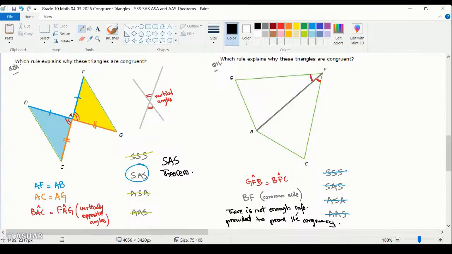So we cannot tell whether these two triangles are congruent or not, unless they had said that these two angles are the same, then it would be congruent. Otherwise, we cannot say, because we don't know if angle G and angle C are equal or not. If angle G and C were equal, then automatically the angle at B would also be equal, right?